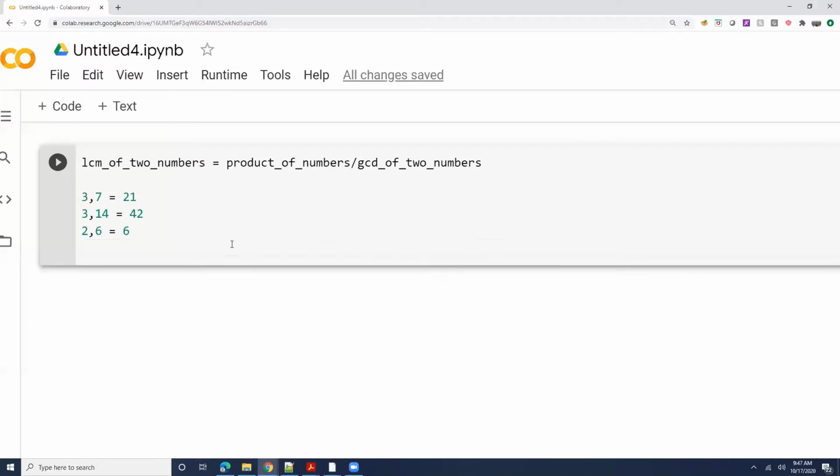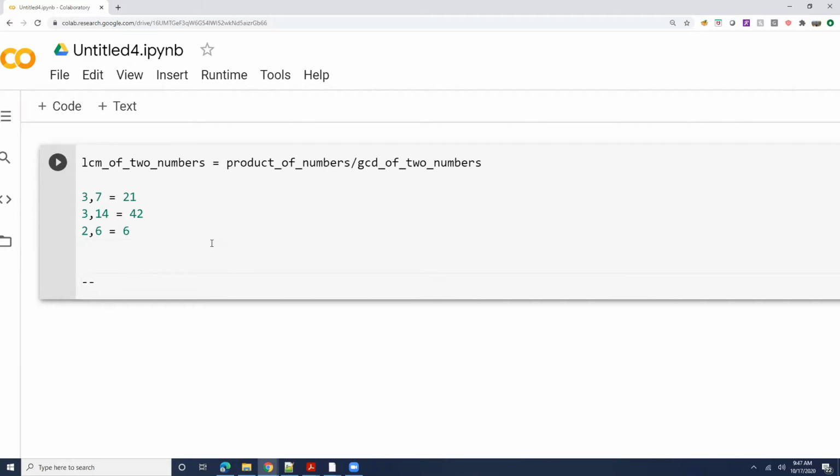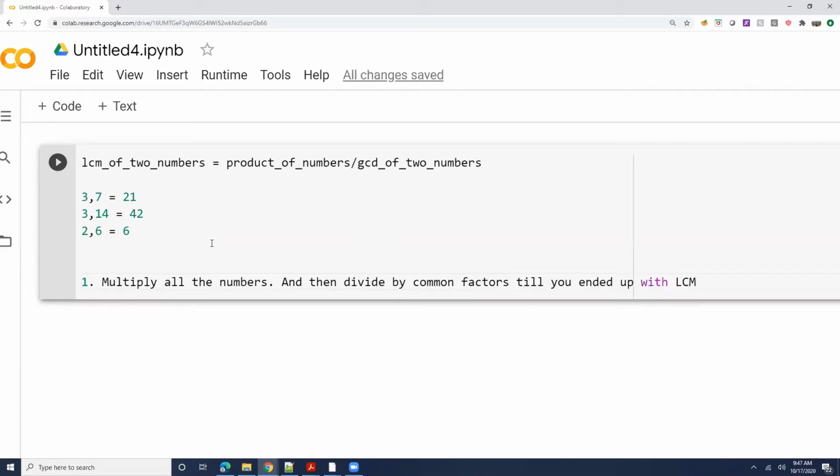Okay, so the next thing. Anyone else have any questions about how to calculate LCM or any other methods that you tried? So far we looked at 3 methods. Jonathan's method was to multiply all the numbers and then divide by common factors till you ended up with the LCM.